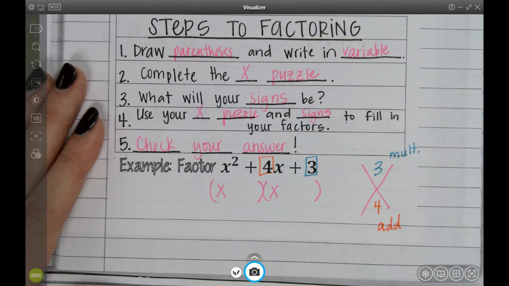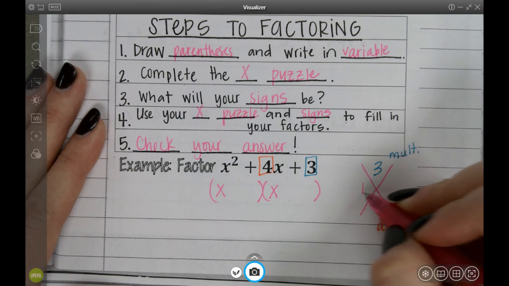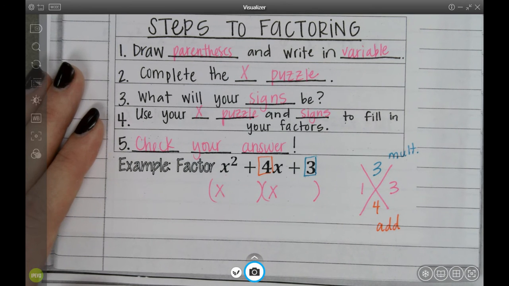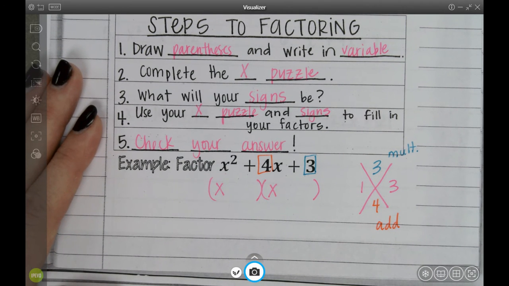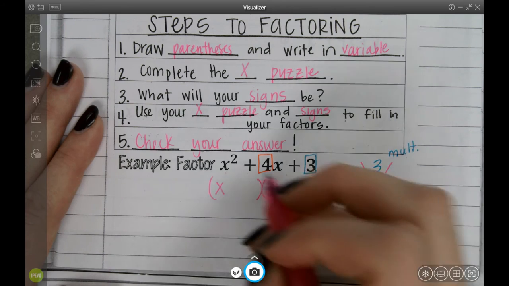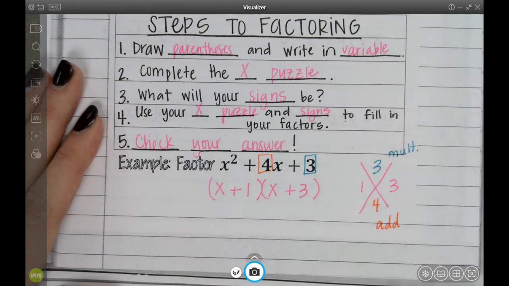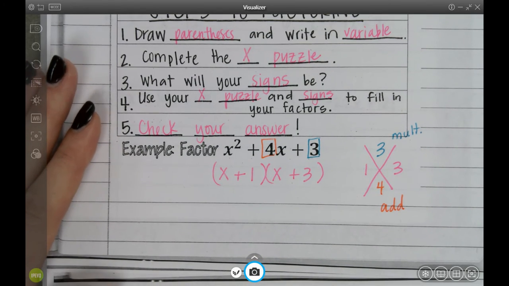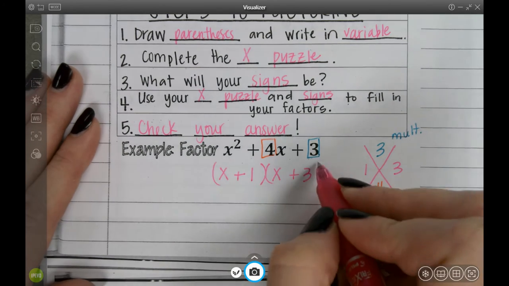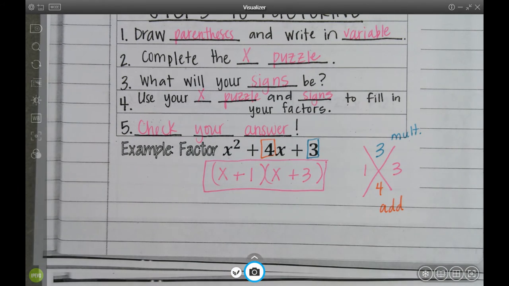What are 2 numbers that multiply to give you 3 but add to give you 4? 1 and 3. Okay, they both need to be positive, because positive 1 times positive 3 is 3, and positive 1 plus positive 3 is 4. So I'm going to fill those in. So x squared plus 4x plus 3 factors into x plus 1 times x plus 3.